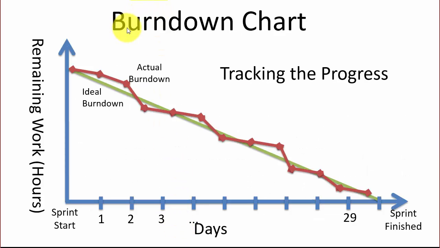Here you see an example of the Burndown chart for one sprint. Here is the first day, the start of the sprint, and we have lots of work left. For each day in the sprint the amount of work should be less and less, and finally when the sprint is finished we should have done all the work within the sprint.